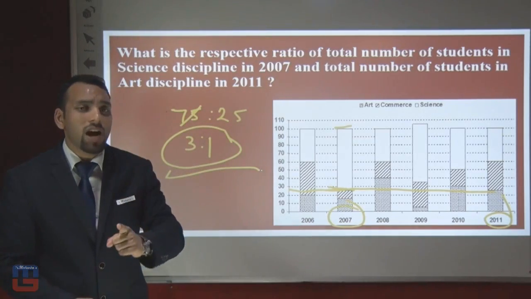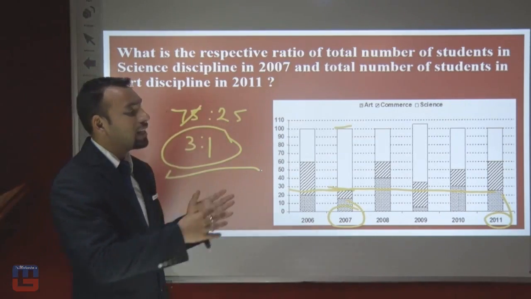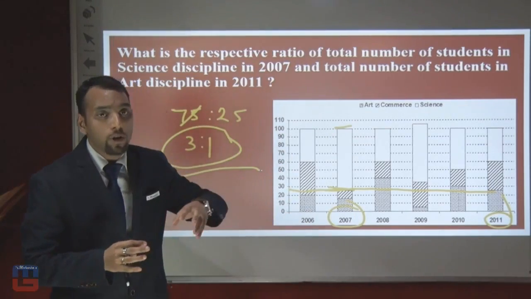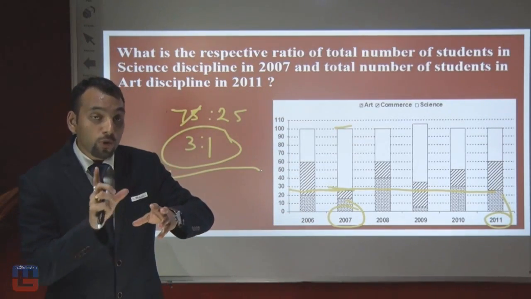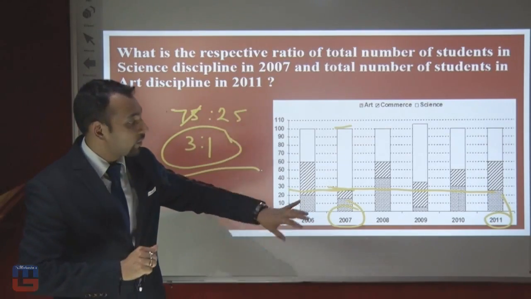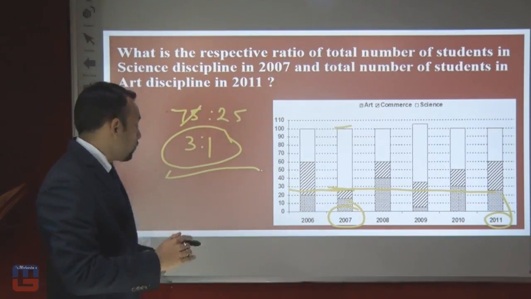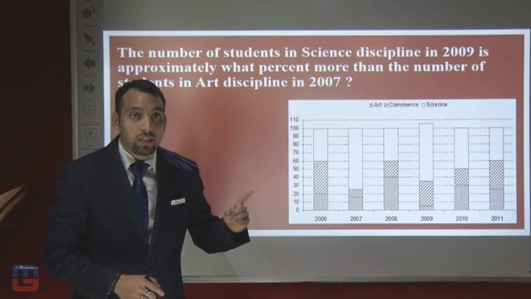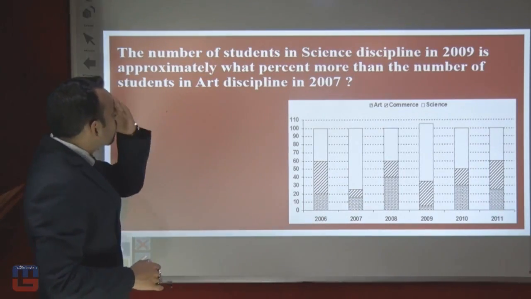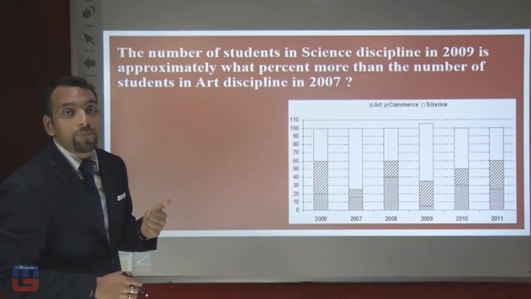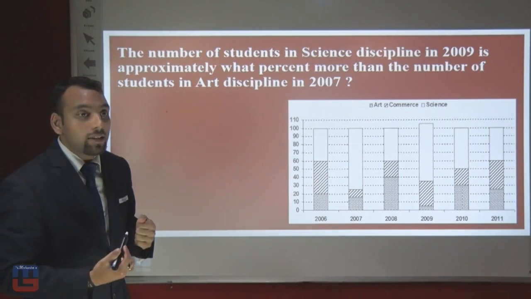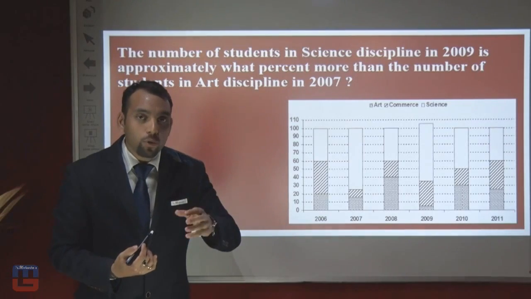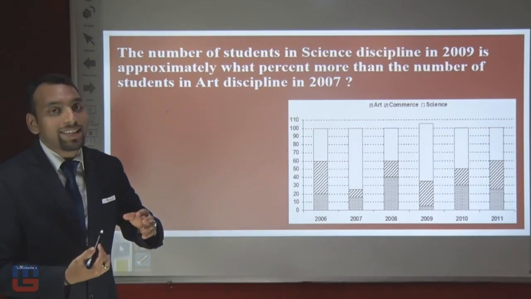The basic thing you have to keep in mind while calculating the number of students is what you are calculating and from which point to which point you are calculating, right? Now move to the next question. Let us take one more example on this DI. The number of students in the science discipline in 2009 is approximately what percent more than the number of students in the art discipline?